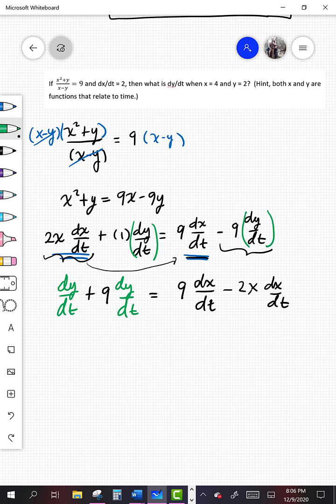We can factor out the dy/dt from both of those terms on the left. Actually, this is really 1 plus 9, so that is 10 dy/dt equals, I'm not going to factor it out here, 9 dx/dt minus 2x dx/dt.